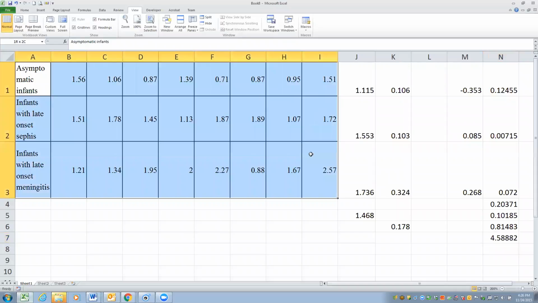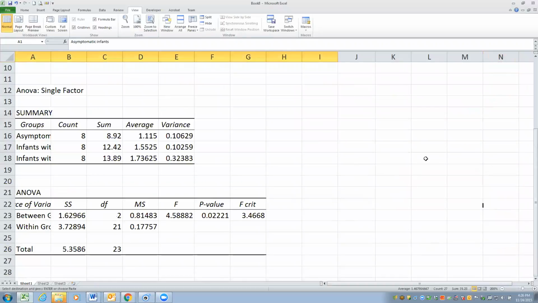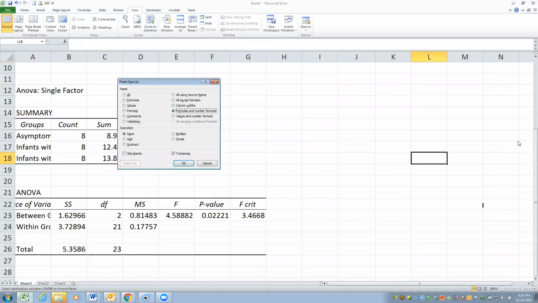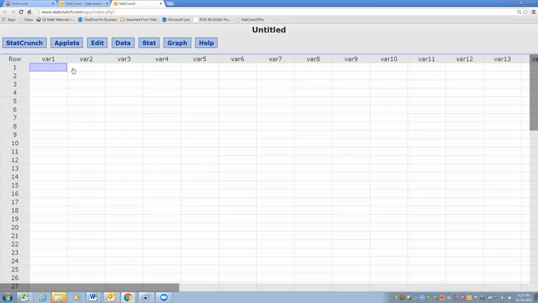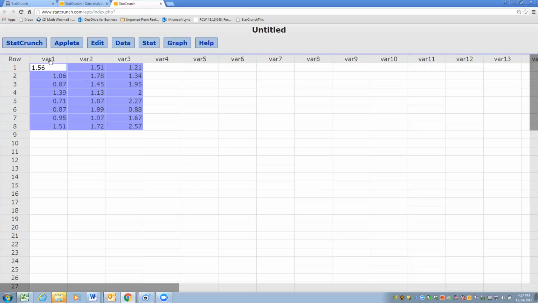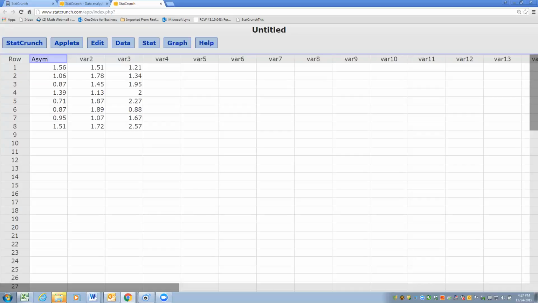And I can copy my data sets over. And in StatCrunch, it does need to be in columns. So this is asymptomatic. And this would be sepsis. And this would be meningitis.